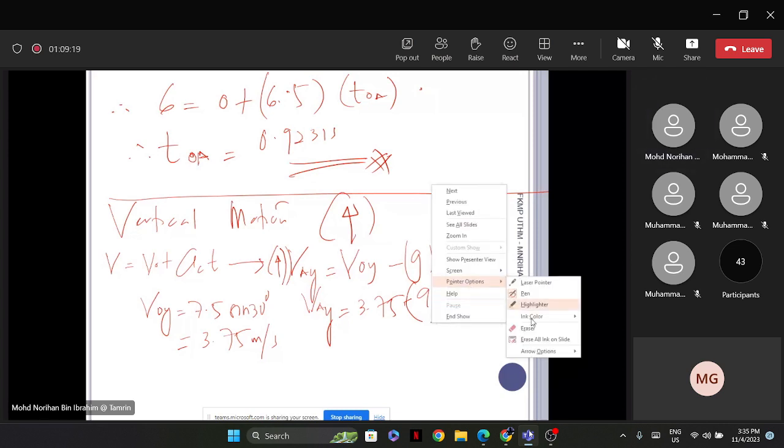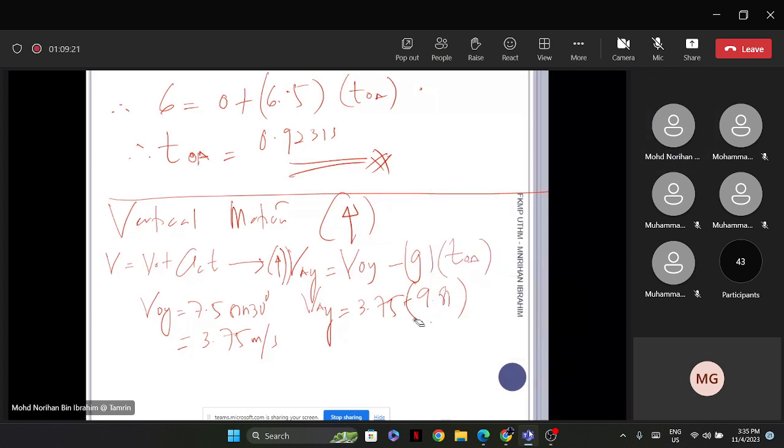Let me erase first. 3.75 minus 9.81 multiply with TOA, which is 0.9231.